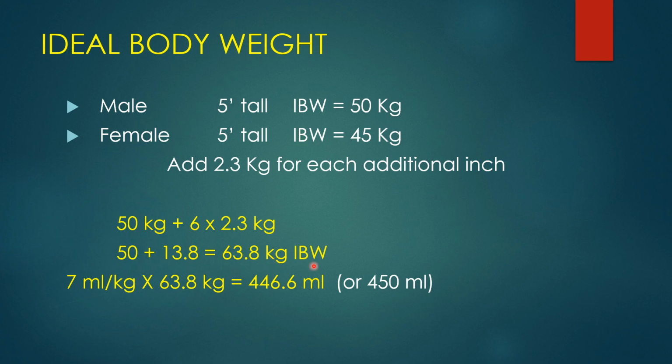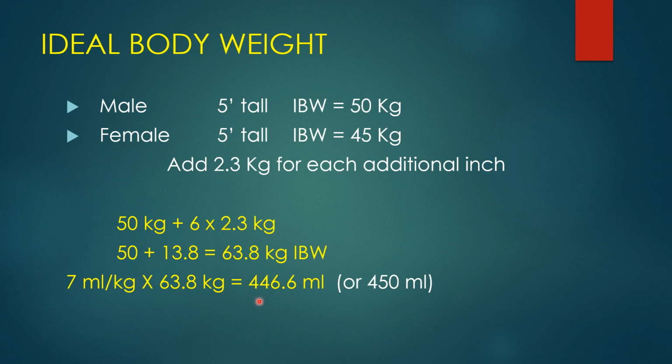It's his ideal body weight. So we want 7 mLs per kilogram, so we just multiply 7 times 63.8. In reality, we might just use 64, but it wouldn't really make much difference. But here, 7 mLs per kilogram times 63.8 equals 446.6.